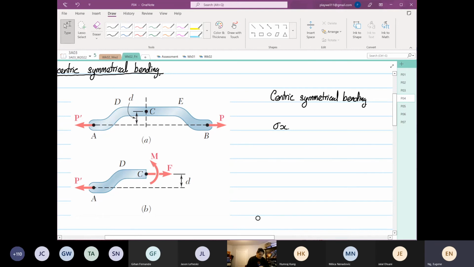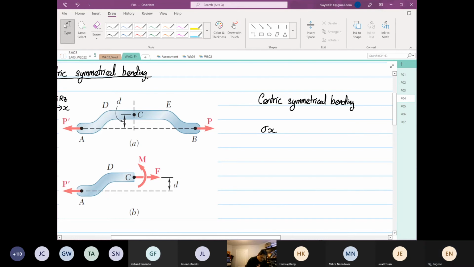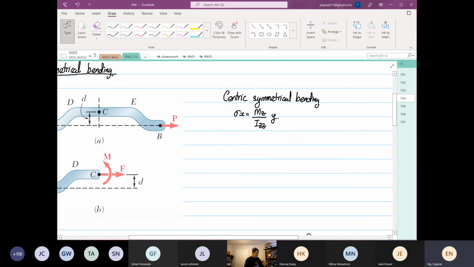I'm going to draw my orientation relative to this diagram: this is x, y, and this is rotation about z. So stress x is equal to Mz over Izz multiplied by y. If it's centric, it's just induced by bending moment.